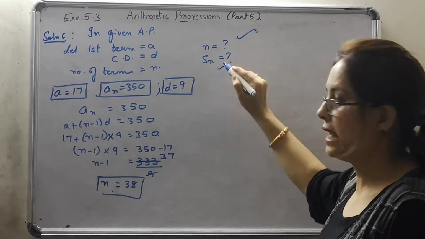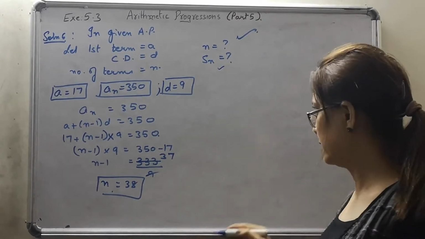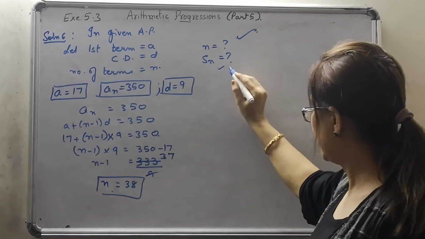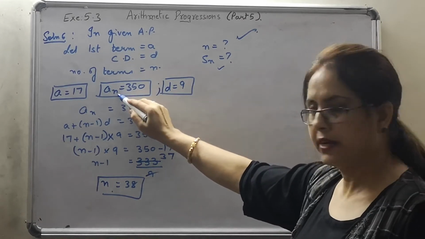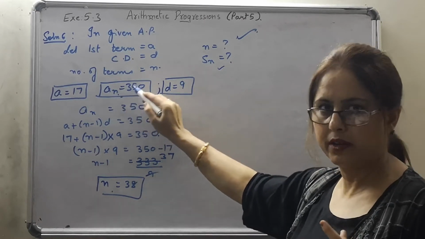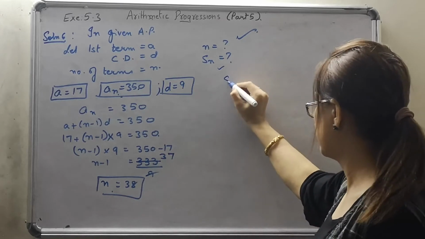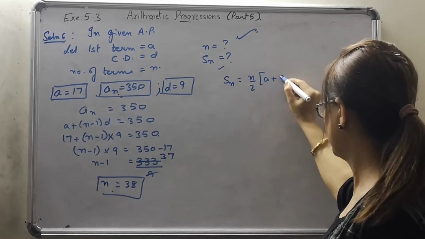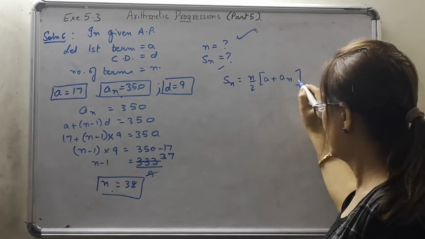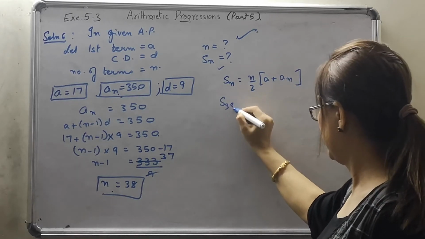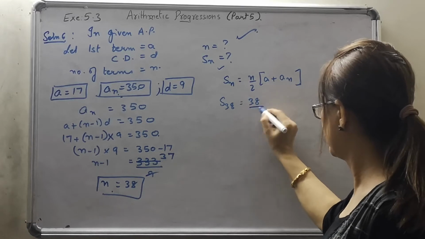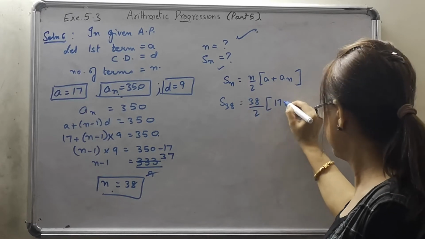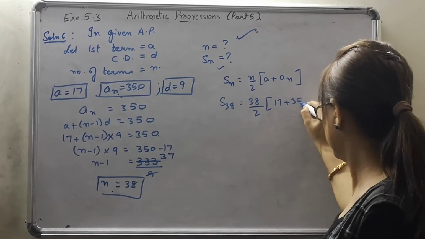What next? We have to find Sn, that is, I have to find S38. We have n, so we have a and an with us. We can use the formula n/2 into (a plus an). S38 will be 38/2 into (a plus an), that is 350.